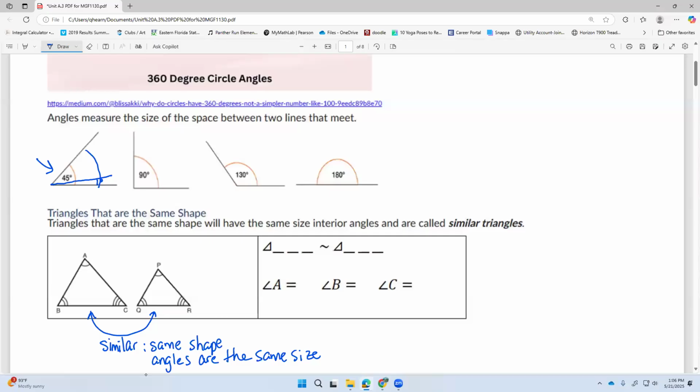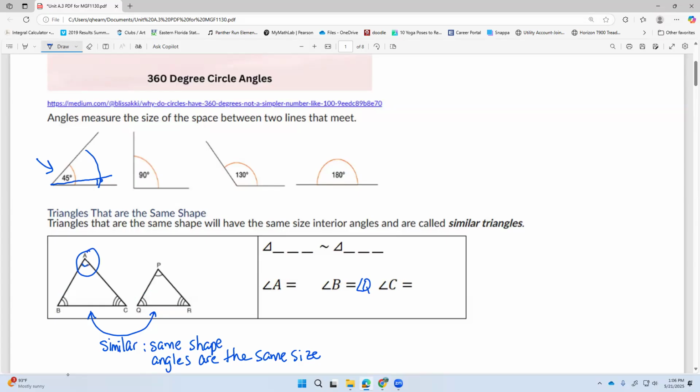The way we indicate which angles are the same is using these little symbols you see here. For example, angle B has the same number of marks, 2, as angle Q. So off to the right here, I'm going to write angle B is equal to angle Q. We can also look at angle A and ask ourselves which angle is that equal to?